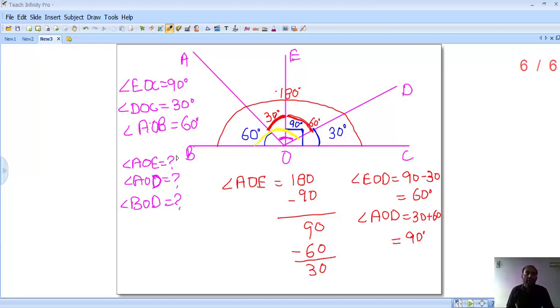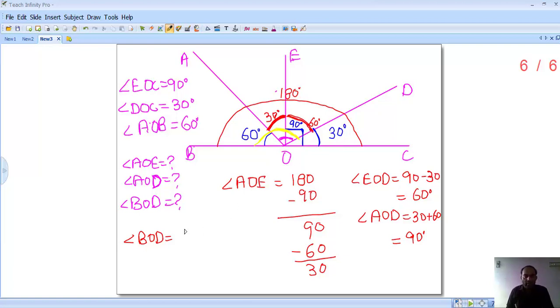Now which angle do you want to find out? Angle BOD. Angle BOD is the combination of this 60, this 30 and this 60.